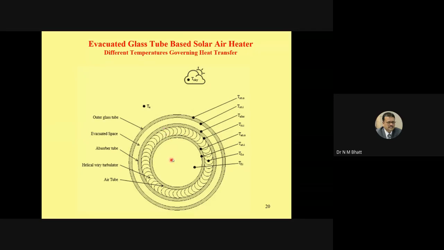So air is coming into the collector from this particular air tube. Since the working fluid is air, we have named this the air tube. It is essentially a metal tube inserted. And this is the absorber tube.